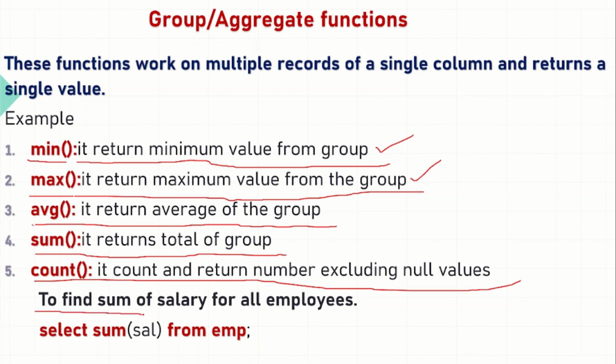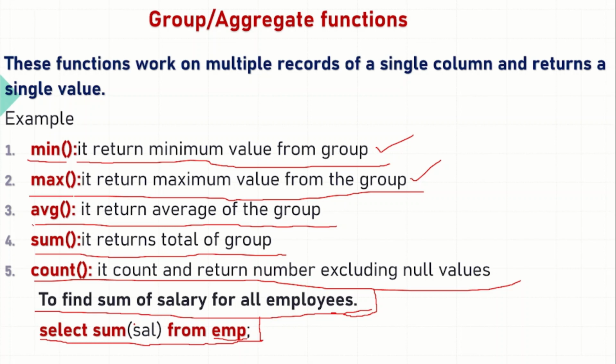Like this, to find the salary for all employees. Suppose the owner of a company wants to know how much salary his company pays to all its employees. This is a very simple example of getting the total salary paid by the company, and this EMP is the name of the table.